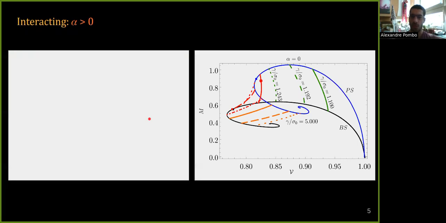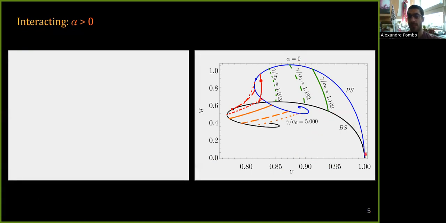With this set, we are able to numerically integrate the set of field equations and obtain the following results. On the right plot, I show the domain of existence for superimposed stars, where we present the mass as a function of the effective frequency, which is just the average frequency of each field.